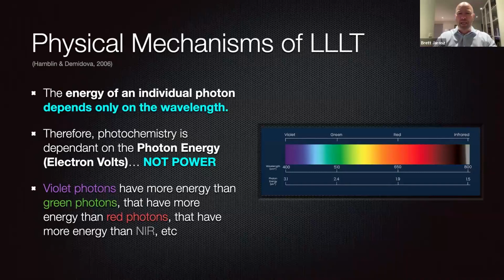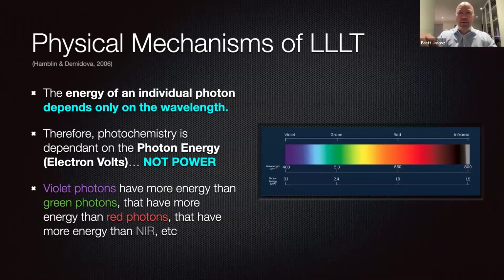And down the bottom, we can see the energy within each photon of that light. So for violet colored light, so a wavelength of 400-ish nanometers, we can see it has a photon energy of about 3.1 electron volts. Whereas you look down at the other end at the infrared, we can see about 800 there, 1.5.